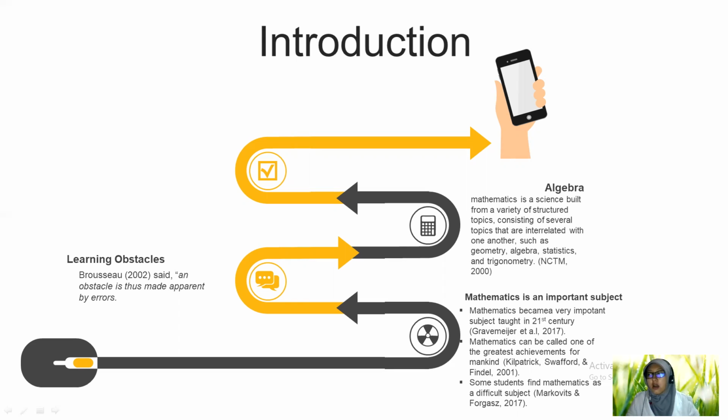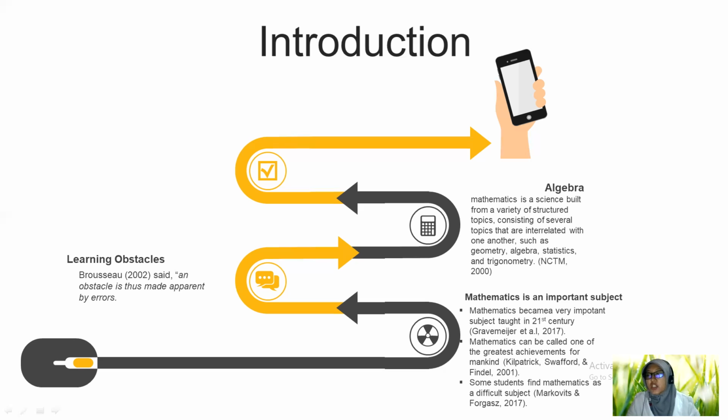and others. According to the National Council of Teachers of Mathematics, or NCTM, mathematics is a science built from a variety of structured topics, consisting of several topics that are interrelated with one another, such as geometry, algebra, statistics, and trigonometry.